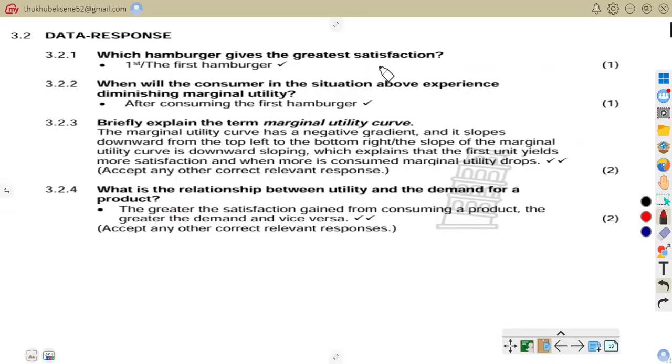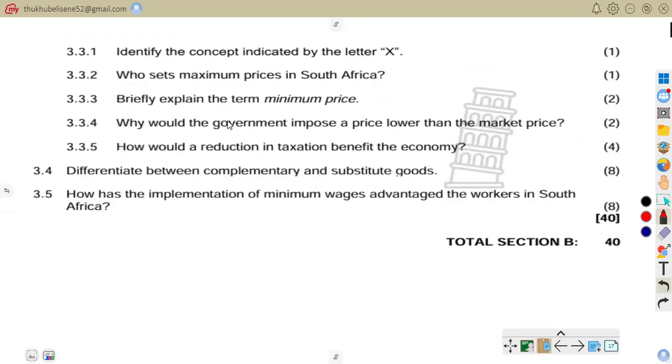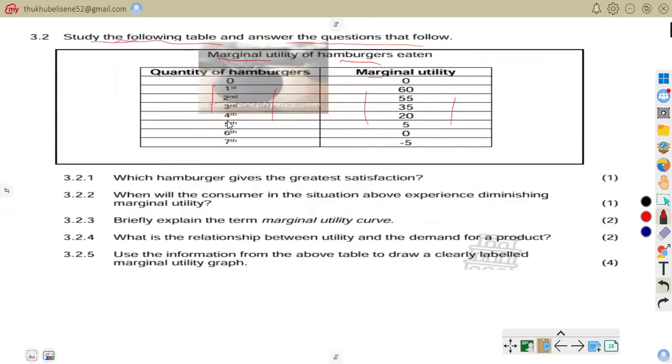You can see the first hamburger gives the greatest utility, or the greatest satisfaction. The first hamburger, which is this one, has a marginal utility of 60. So it means it gives the greatest satisfaction. Hope you're together on that.